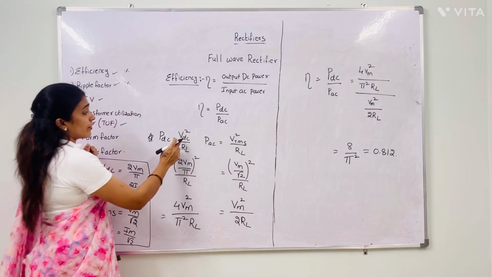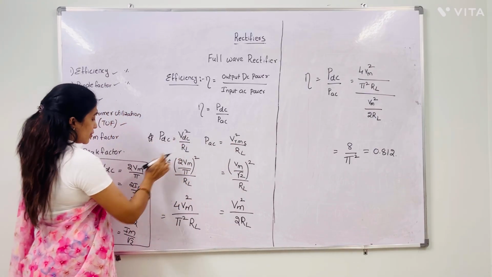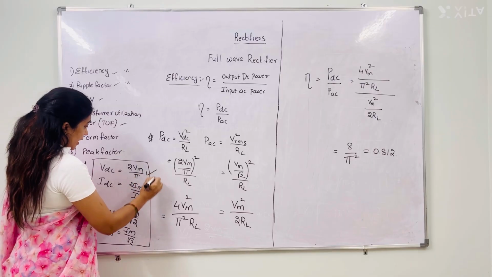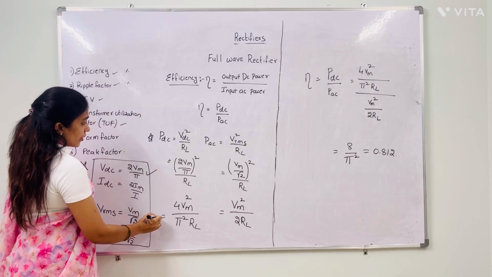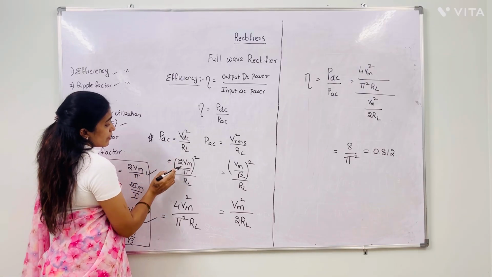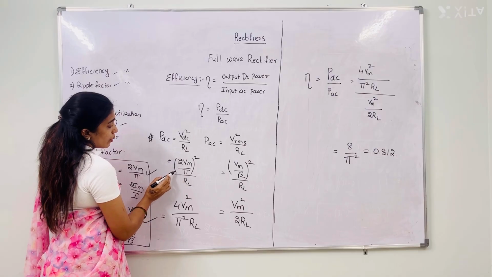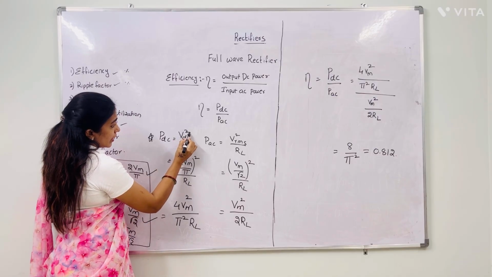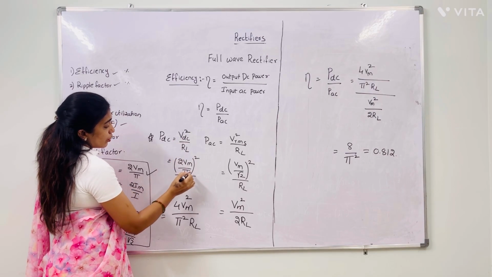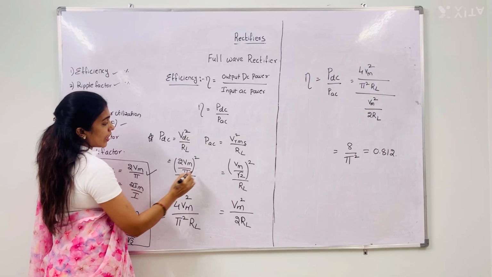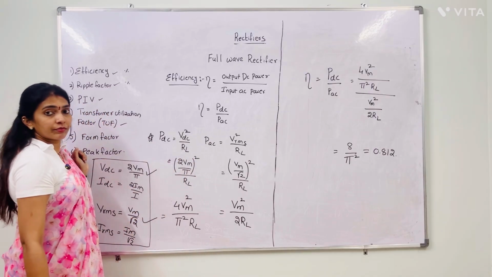We know the formulas for V DC and V RMS. Substitute these things. V DC formula is 2 Vm by pi, so V DC square, the total formula whole square by RL.